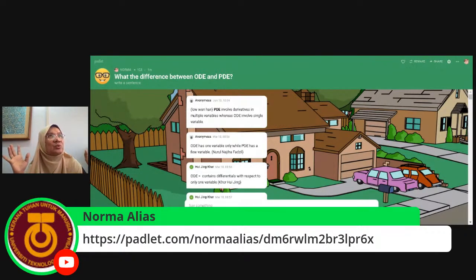The temperature in this room only depends on the size of this room, or the temperature of this room depends on the time. For PDE, we can say the temperature in this room depends on size and time, but not for this topic. We are dealing with one parameter. Very good.